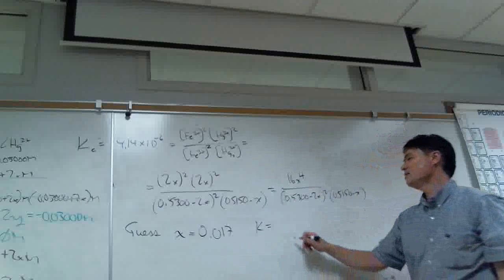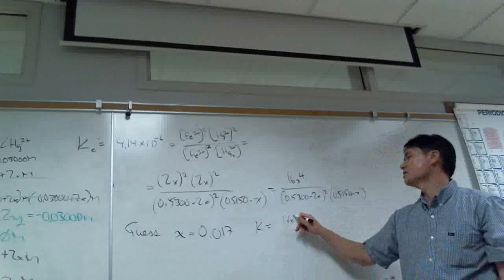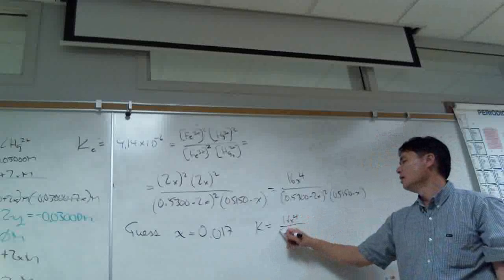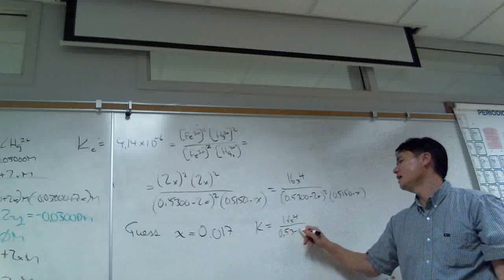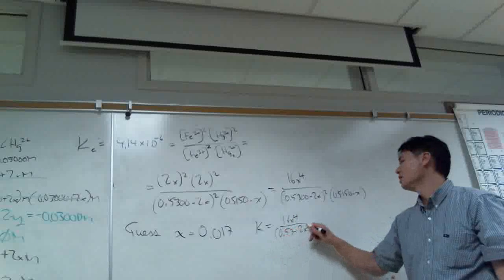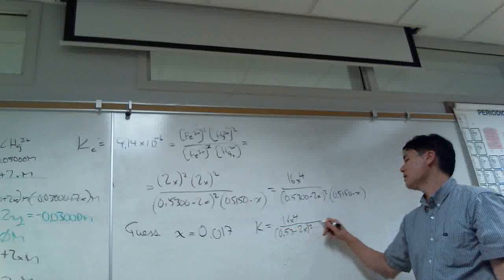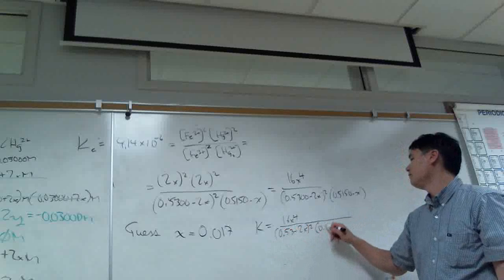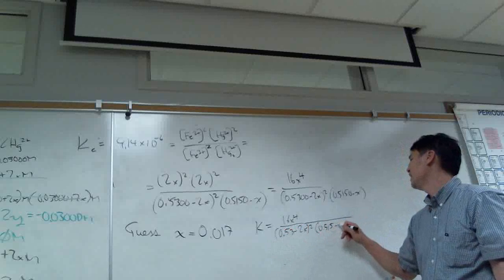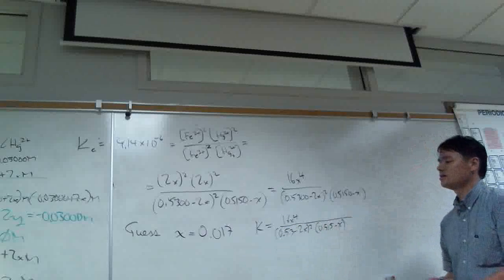And so the way I just do this is I just do 16x to the 4 over 0.53 minus 2x squared, because we don't care about sig figs yet. Times 0.515 minus x. Just do this.